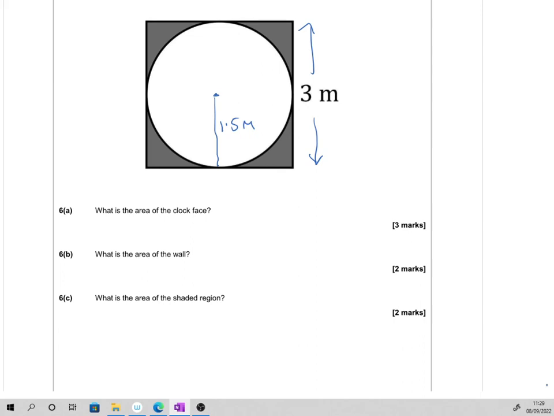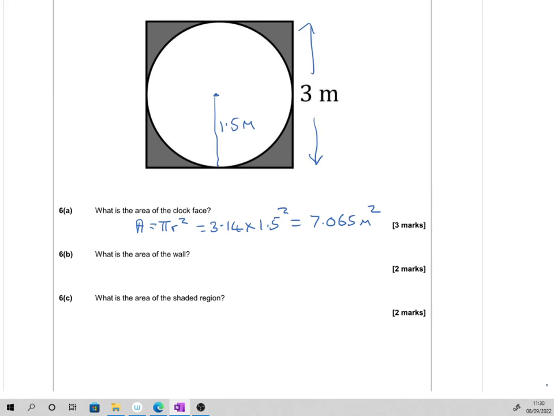So the area of the clock face is pi r squared, which is 3.14 times 1.5 squared, which is 7.065 meters squared.